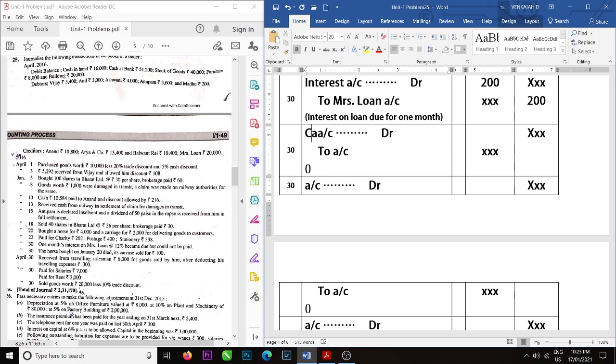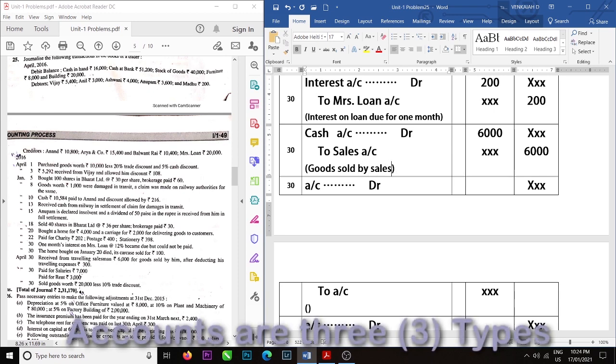Directly we can write cash account debit to sales account, amount is 6,000, goods sold by salesman. Next, selling expenses we record separately.